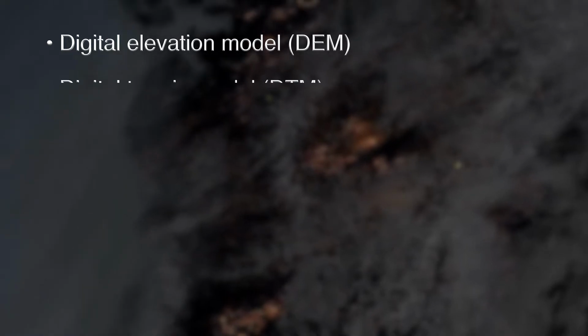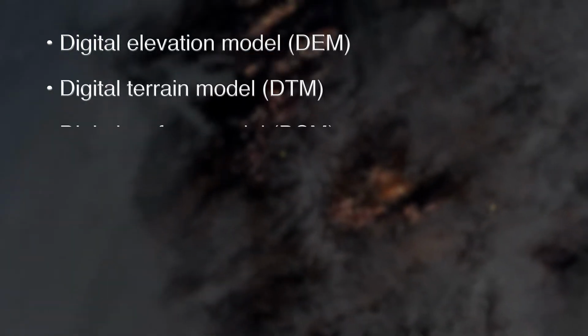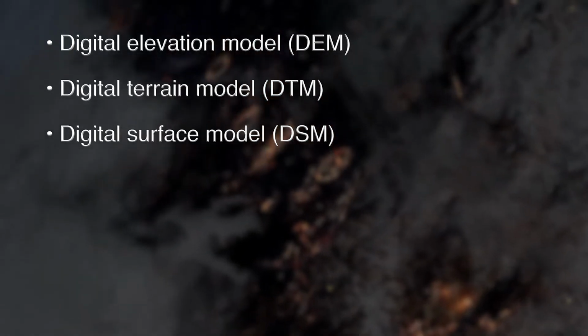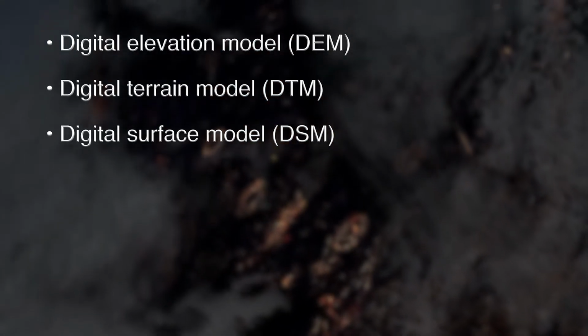It is defined as an ordered or unordered digital set of ground elevations, that is the spot heights, for terrain representation. In literature, there are three commonly used terms related to this, namely digital elevation model, that is DEM, digital terrain model, that is DTM, and the digital surface model, that is DSM.